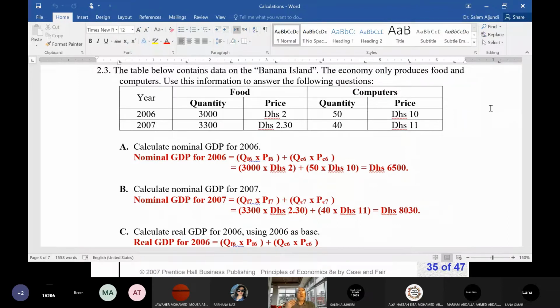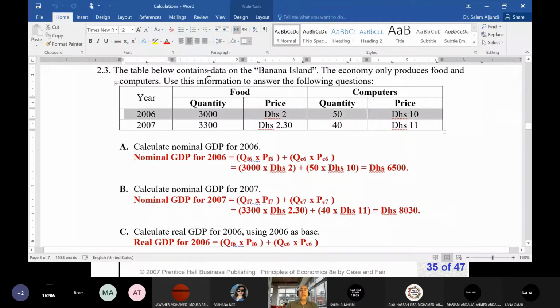When I ask about nominal GDP in 2006, use the data in the row of 2006. So what is nominal GDP? A quantity times its price to find the market value. So 3,000 times 2 is 6,000, plus 50 units of C times its price of 10 dirhams each, 50 times 10 is 500, plus 6,000.